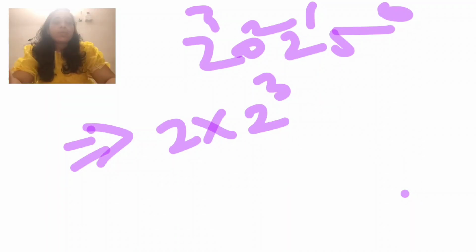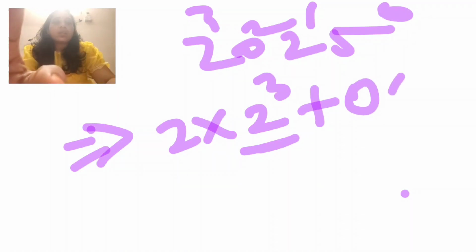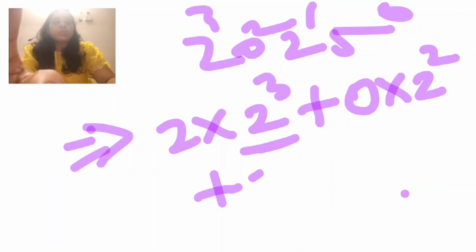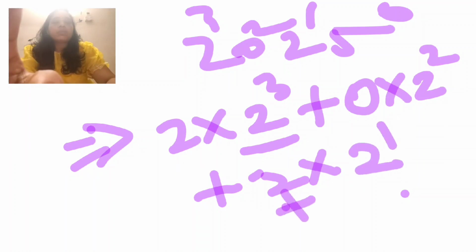That's the reason I'm using radix 2, plus next 0 into 2 power 2, plus 2 into 2 power 1, plus 5 into 2 power 0.